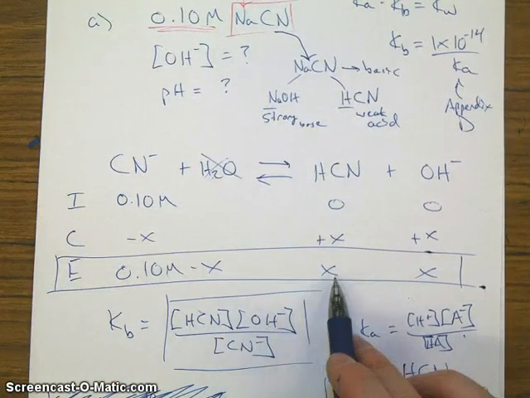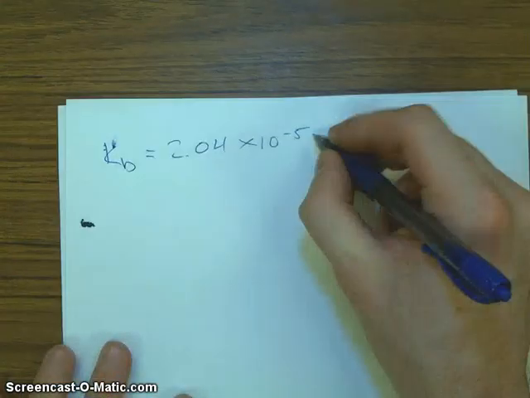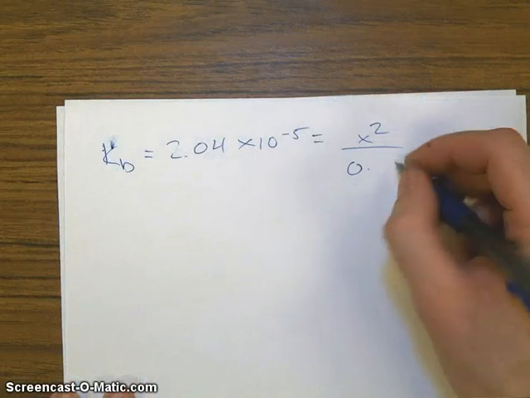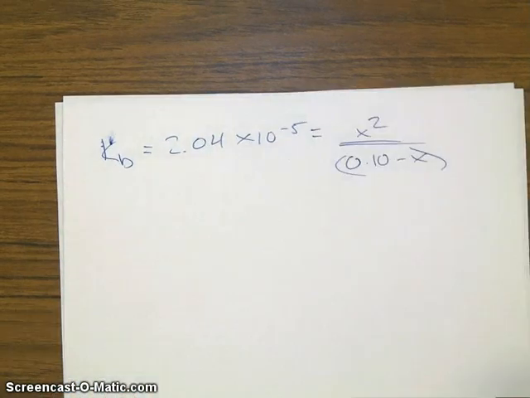Now I'm going to substitute in these values for x into the concentrations. So K sub b is equal to x squared over 0.10 minus x. Now here's one of the really cool things that you can do.